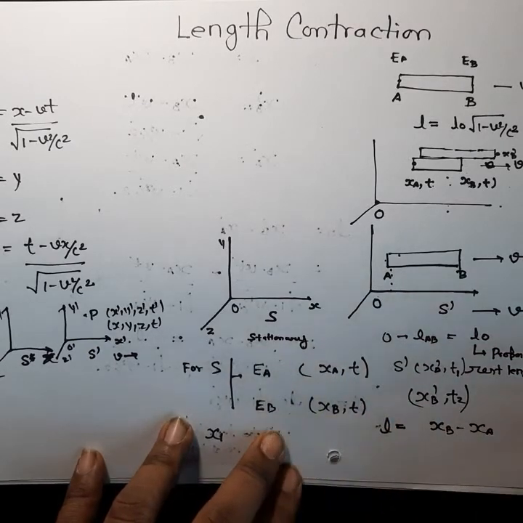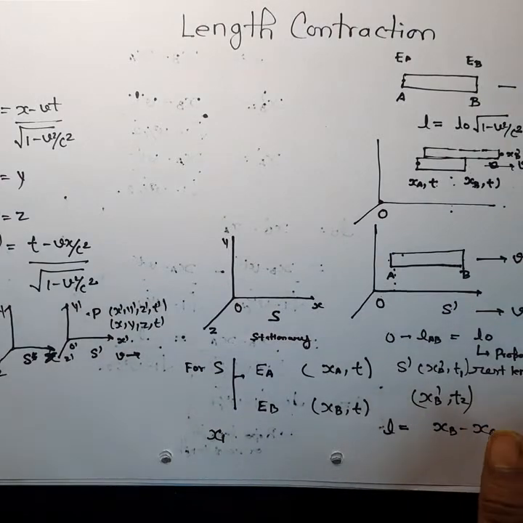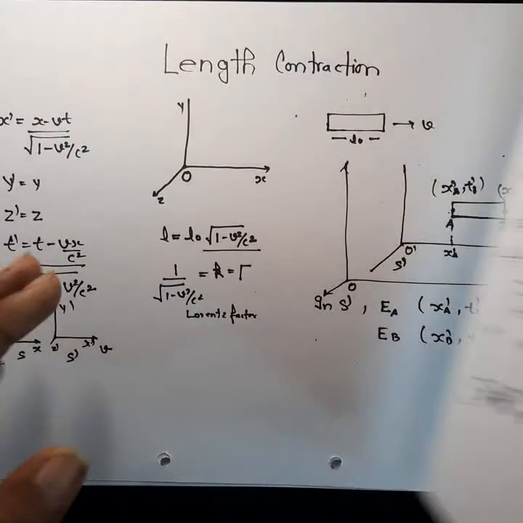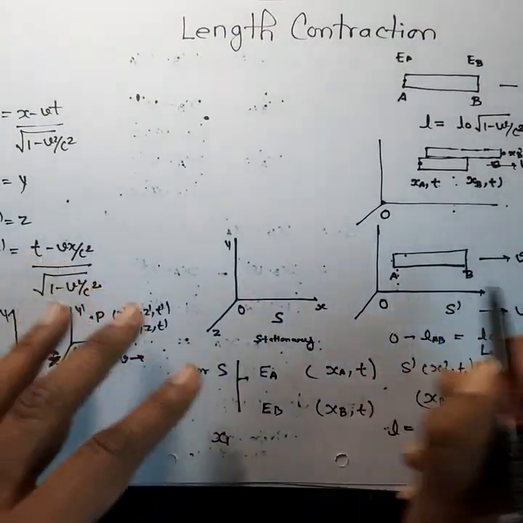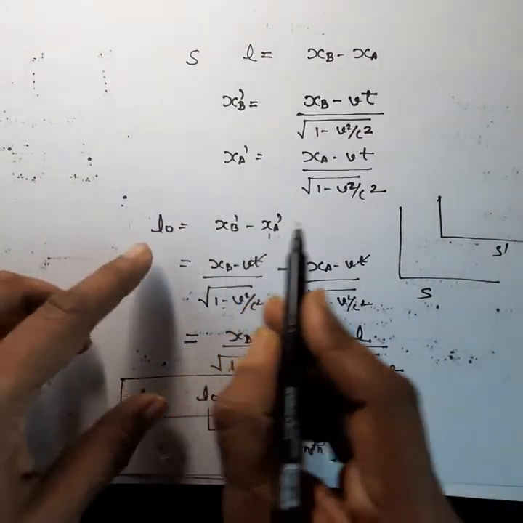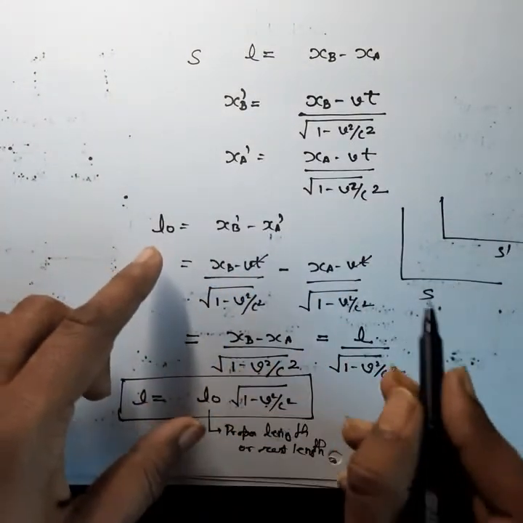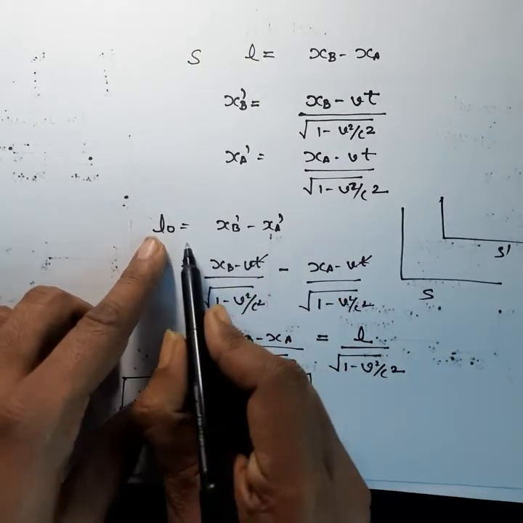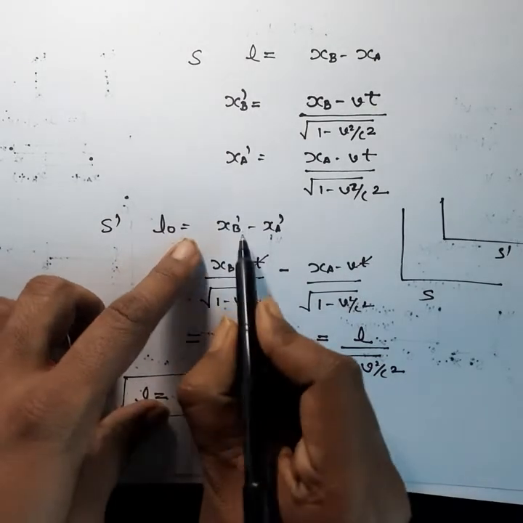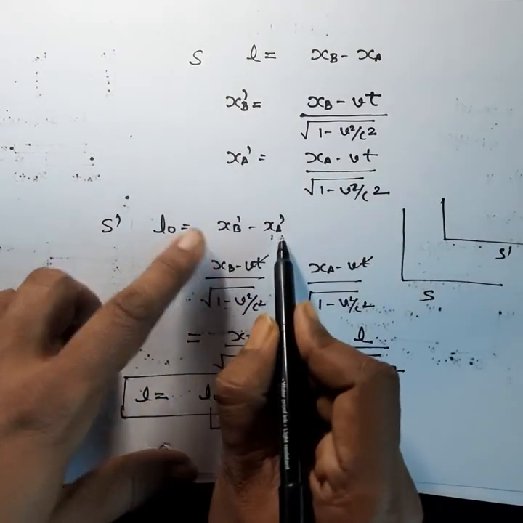So now what we have to do next is relate the observations of the two coordinate systems. If you want to measure the length of the rod, then for the S dash frame of reference the length of the rod will be xb dash minus xa dash.